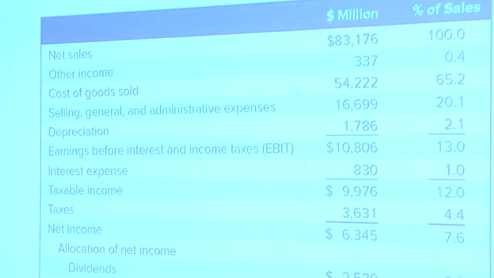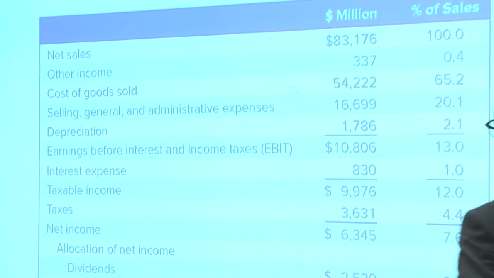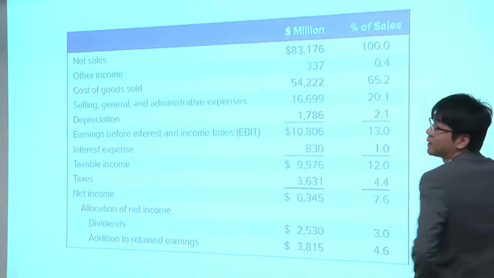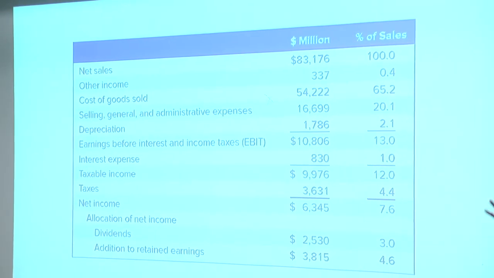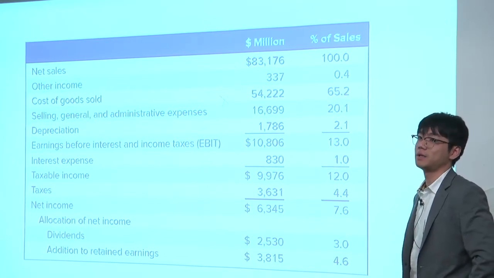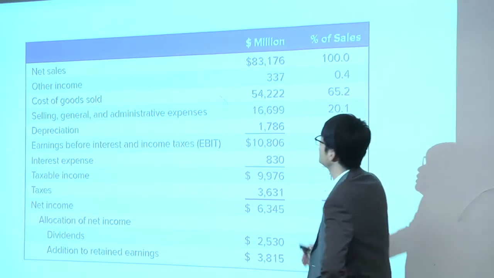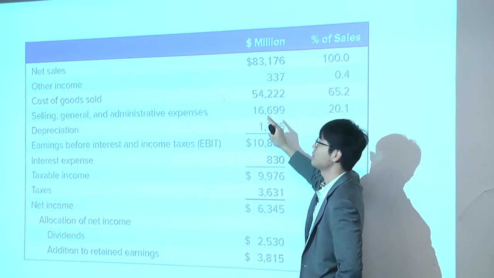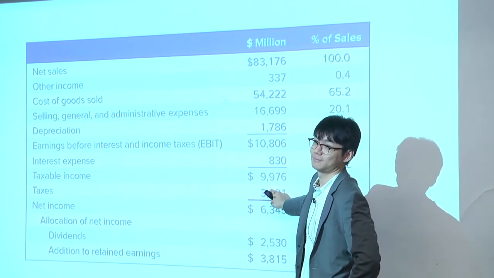So when we are looking at the income statement, I still want you to look at the big picture first instead of individual items. If you remember the income statement, usually you do sales minus this and that.